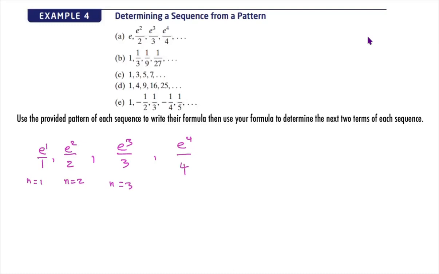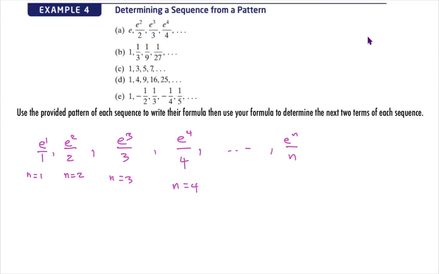So basically, when you're looking at this, you see that the pattern is taking the exponent of n and dividing by n. So the expectation is that the fifth term will be e^5 over 5, and the nth term will be e^n over n.